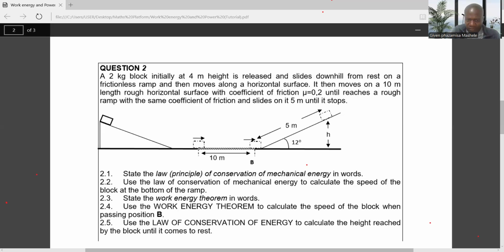This is our object. The angle is 12 degrees. It has moved a distance of 5 meters, so this is the displacement. By the way, we are told that there is frictional force, and no applied force.